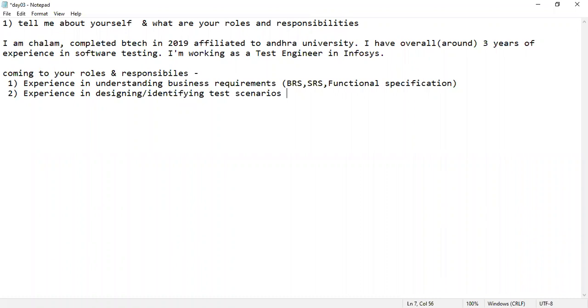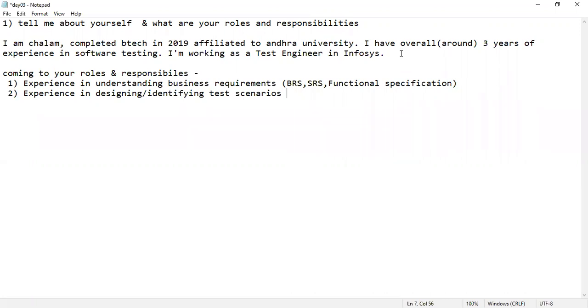Validate whether you can install the software or not, one scenario. And validate whether you can call some recipient or not. The fourth one, validate whether you can pick up incoming calls or not. The next one, validate whether you can SMS some user in your directory or not. So these are all scenarios.